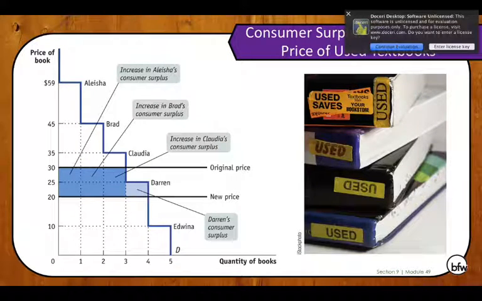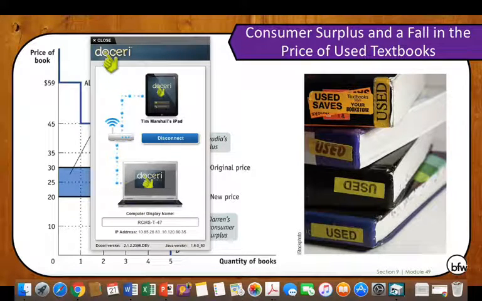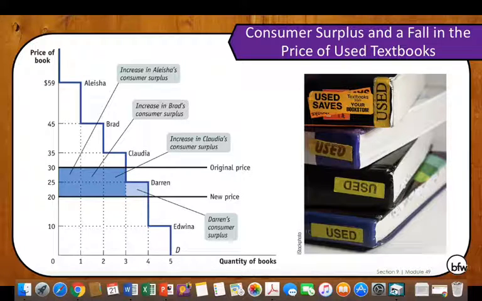So, to see how consumer surplus is affected by a lower price, we can modify our curve to reflect a price of $20 instead of $30. Now, if it's $20, 4 textbooks will be sold instead of 3.